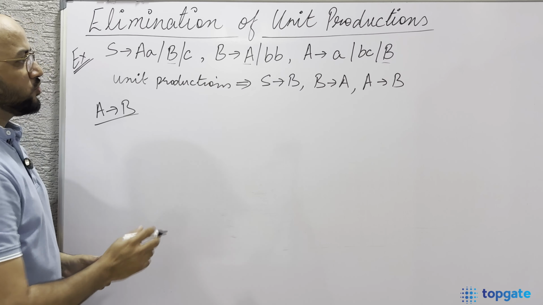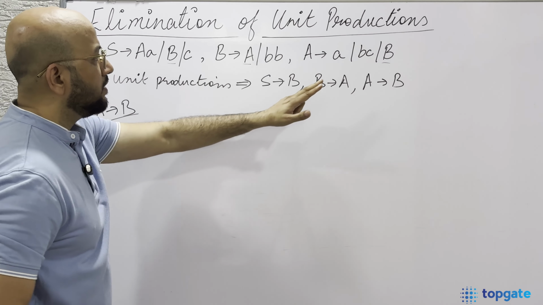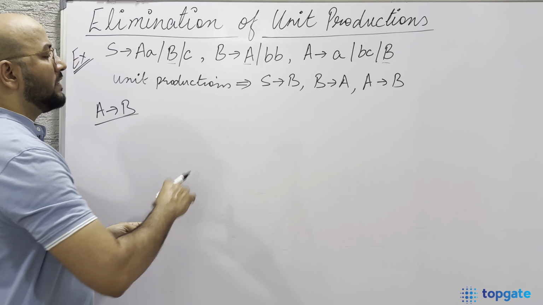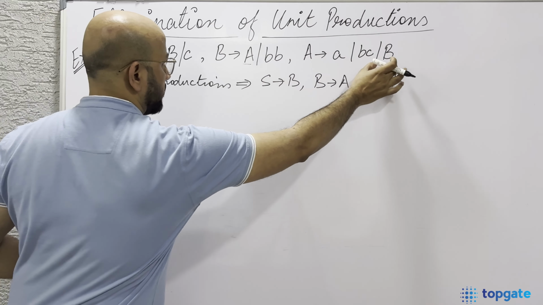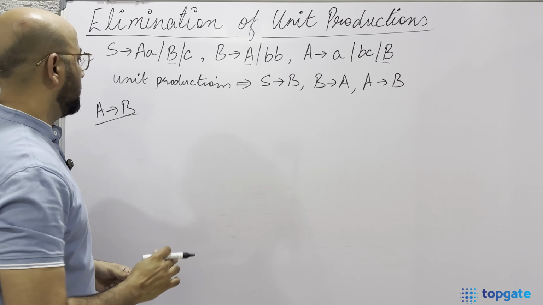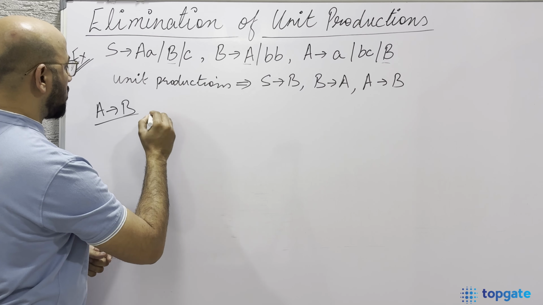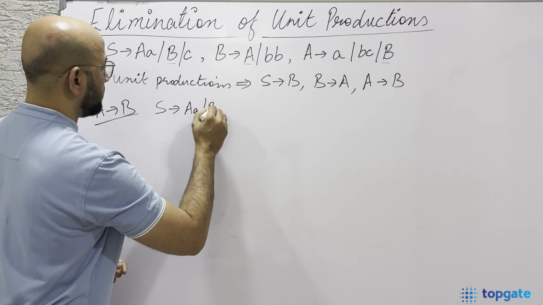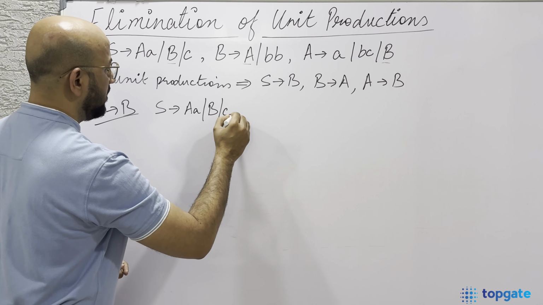If I eliminate A derives B, you can see that B is deriving A and BB. So I'll take these values and put them in place of this B. Let's see what happens. First of all, I'll copy everything, that is S derives AA slash B slash small c.